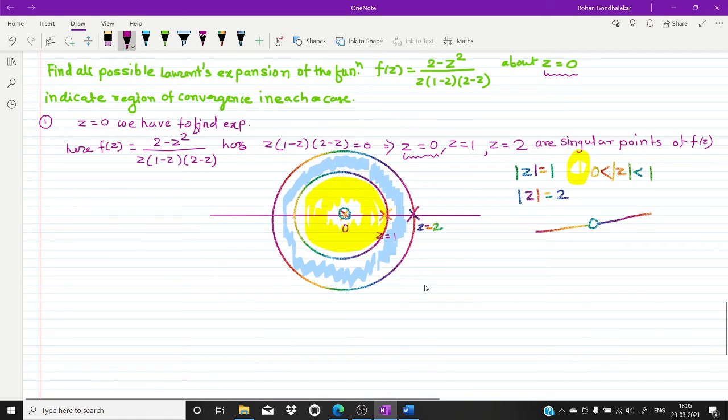Its equation is very easy to write. See, all those points which are between these two circles, this circle is of radius 1, of course. So the points between these have a distance more than 1, so 1 is less than mod Z, and these points are at a distance less than 2, because we are not going out of the circle of radius 2.